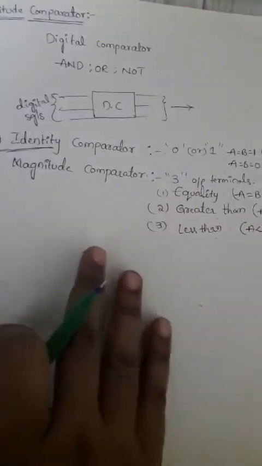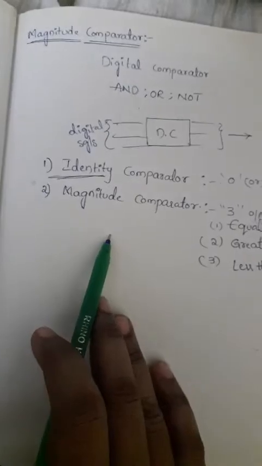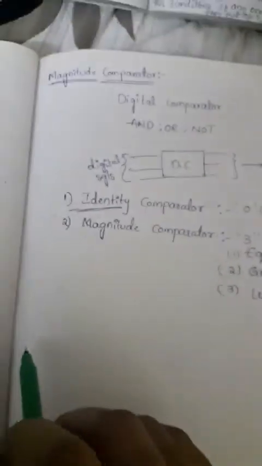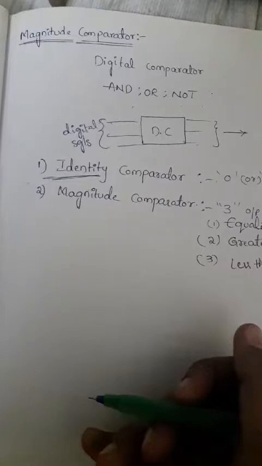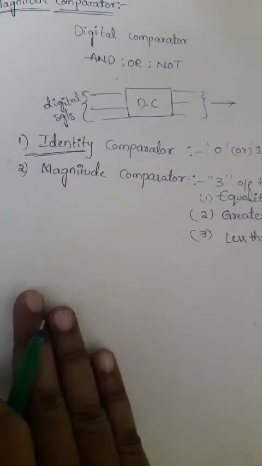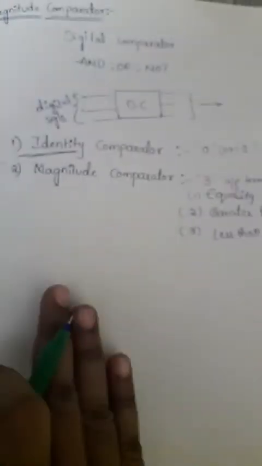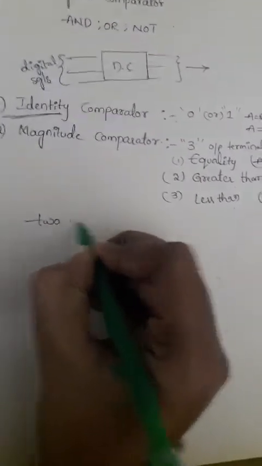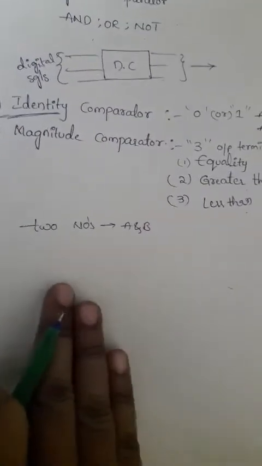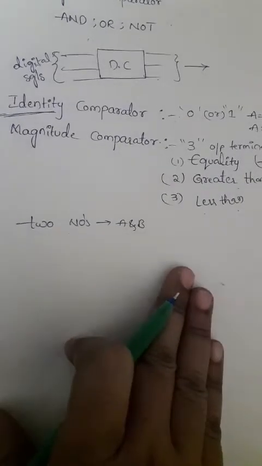Now we will discuss the magnitude comparator. In our syllabus we have the magnitude comparator; there is no identity comparator in the syllabus. A magnitude comparator is generally a combinational logic circuit that compares two numbers, A and B, and determines their relation.